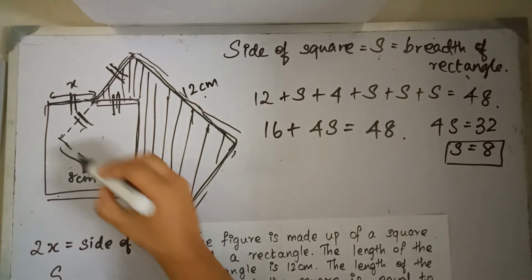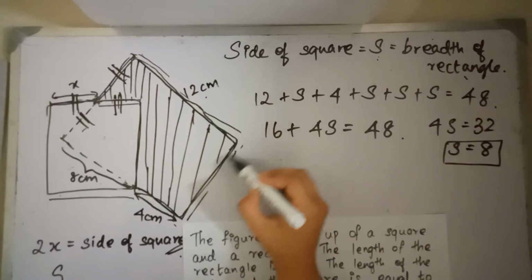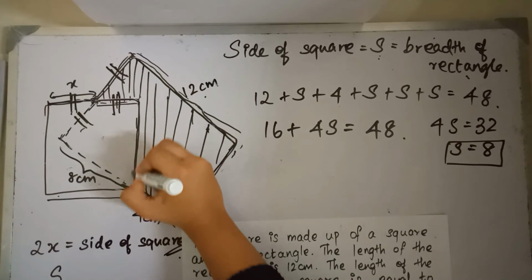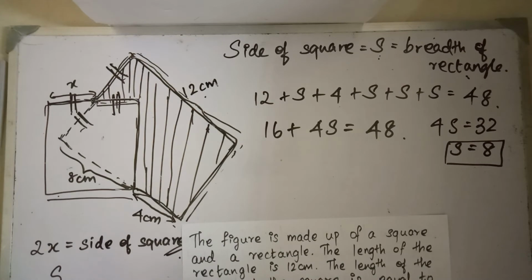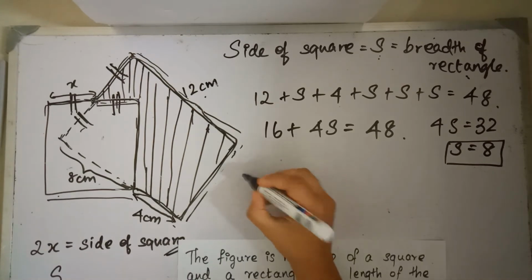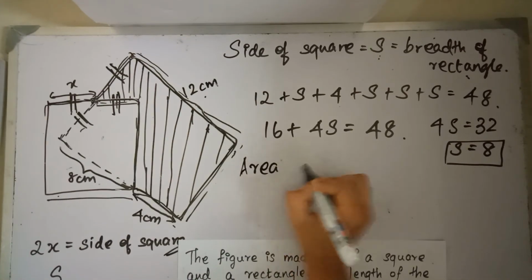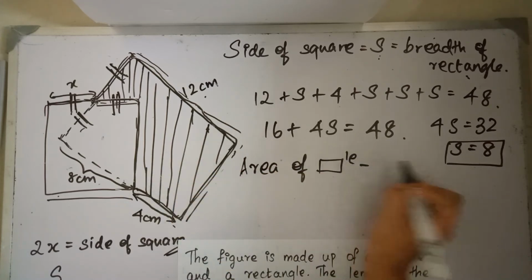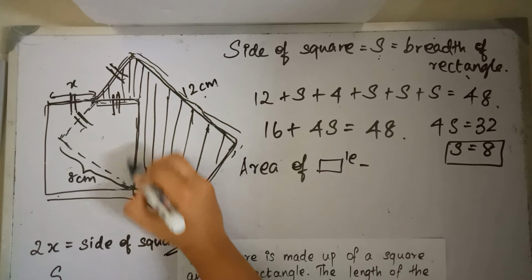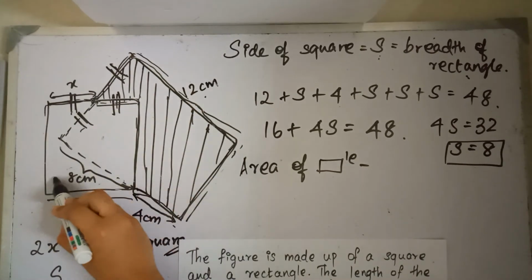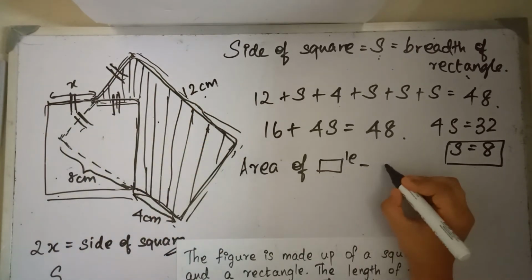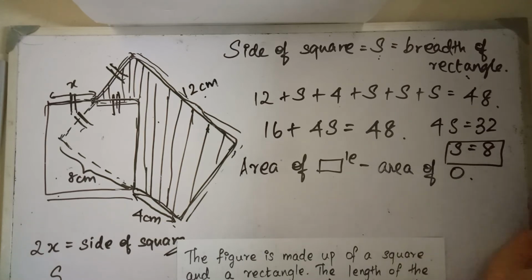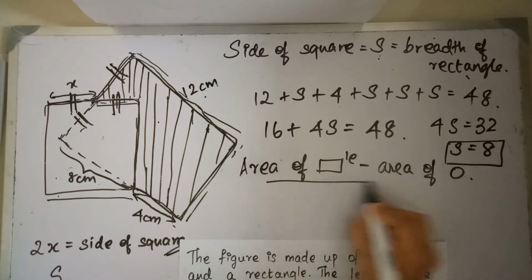For that, we have to find the area of the whole rectangle and subtract this part, right? So we have to find the area of this rectangle minus the area of this little figure that results due to the overlap of the square and the rectangle. Let's have that as O. So this is what we have to find out.